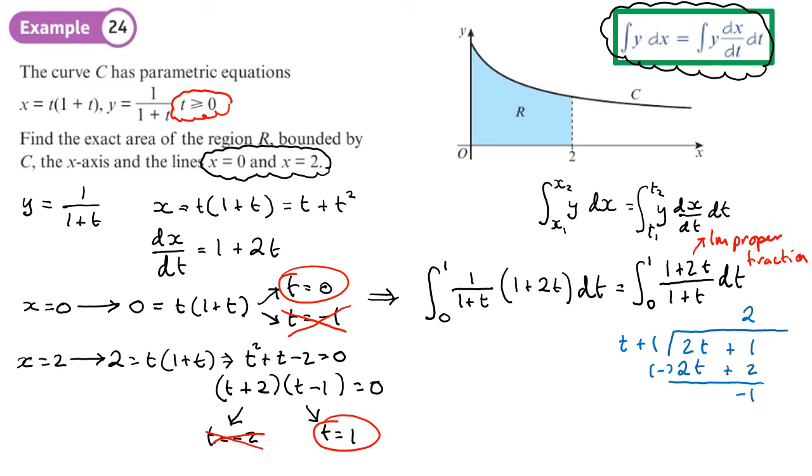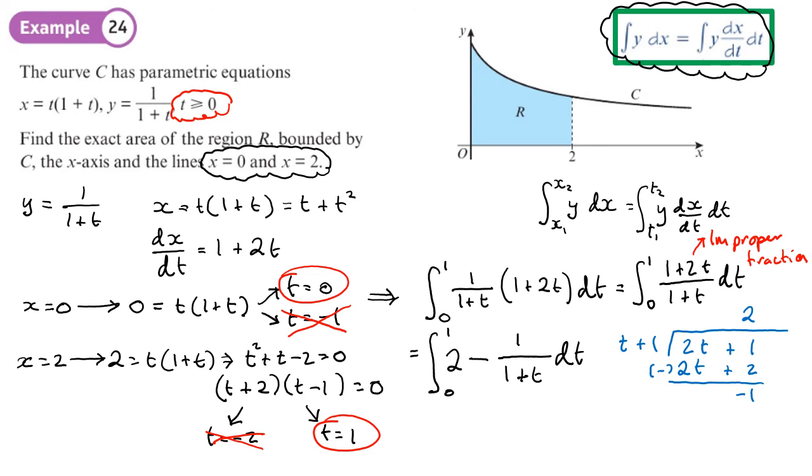So what we have now is 1 plus 2t over 1 plus t is the same as the quotient, which is 2, plus the remainder over the divisor. The remainder is negative 1, so we put minus 1 over the divisor, which is 1 plus t. So we actually don't need partial fractions because there's only one factor at the bottom.